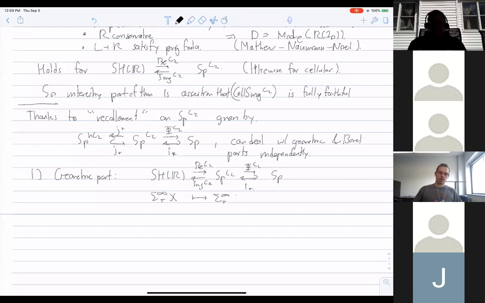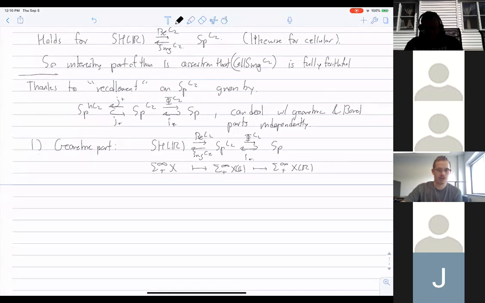So again, I take the C2 space. If I take the geometric C2 fixed points on the suspension spectrum, that's taking the C2 fixed points of the space and then suspending it. In this case, I get the R points of X. In other words, I learn that this composite functor is real Betti realization.